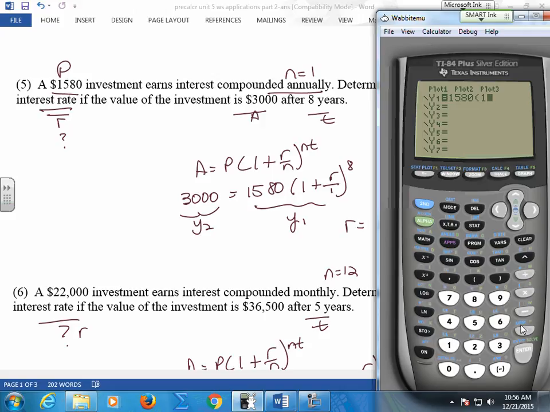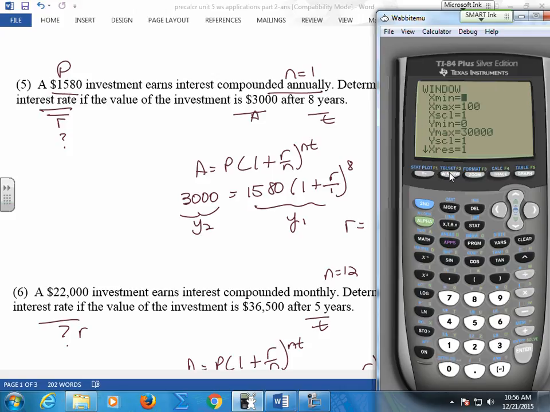So I put plus x, and you could put x over 1, or you can just put the x since we're doing this annually. And we're raising this to 8 years. We're doing this after 8 years. We want to see when this happens for $3,000.